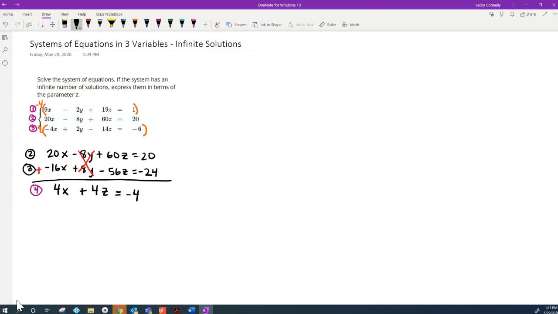So equation 1, I'm going to distribute that -4 through, so that gives me -36x plus 8y, and then -4 times 19 is going to give me a -76z, and that's going to equal -4, multiplying that -4 by everybody.